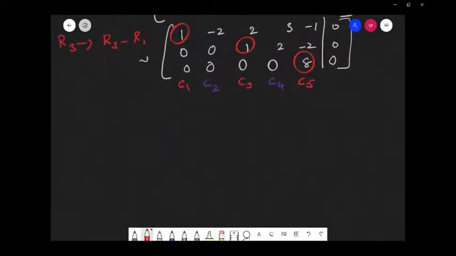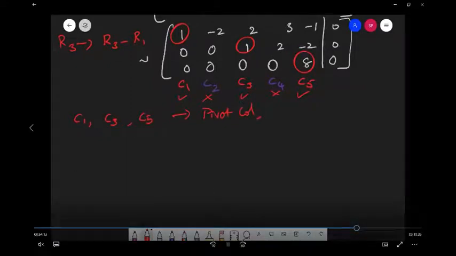So now what do we need? What are pivot columns? What are basic variables? So pivot columns are C1, C3, C5, non-pivot C2, C4.